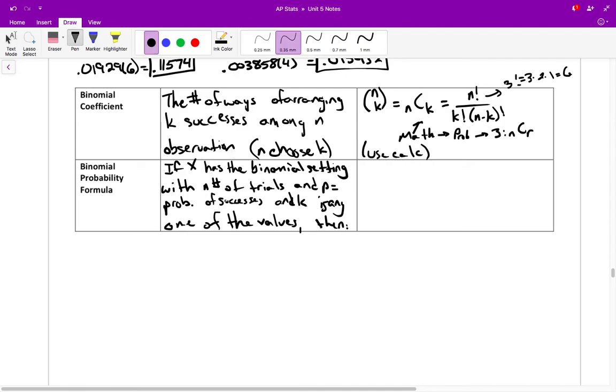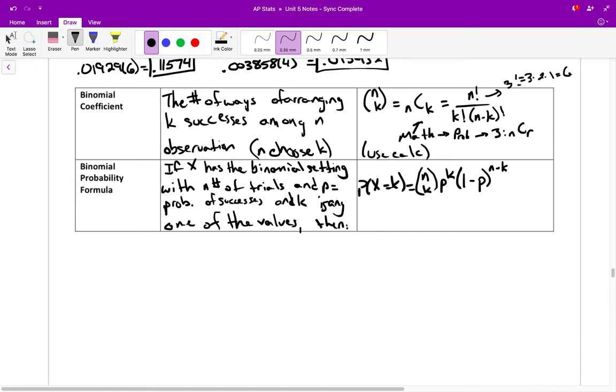Here's our formula. The probability that x is equal to some number k. You take n choose k multiplied by the probability p raised to the power of k, and then multiply that by 1 minus p to the power of n minus k.